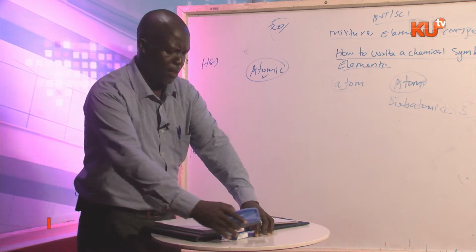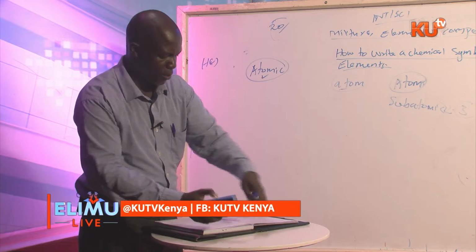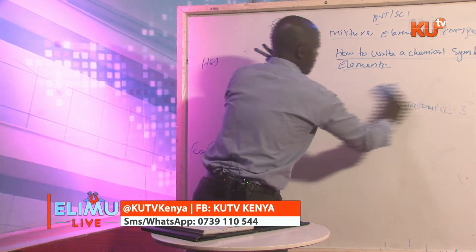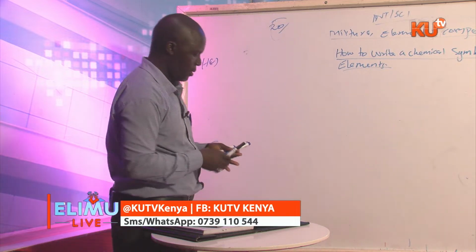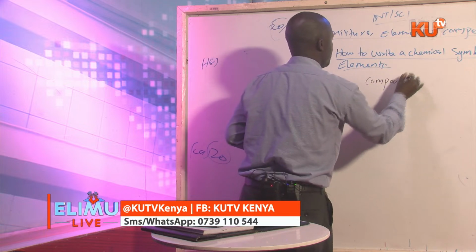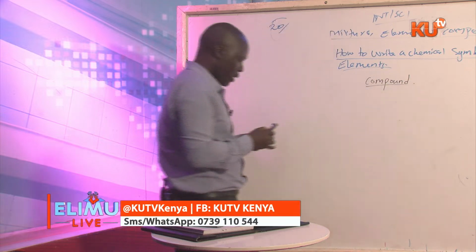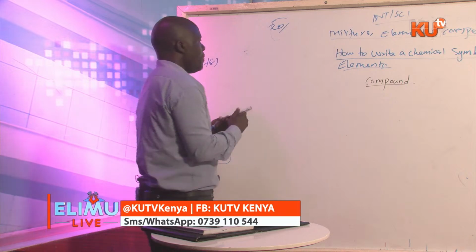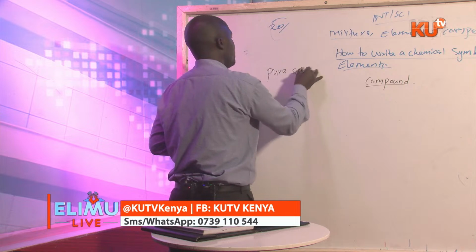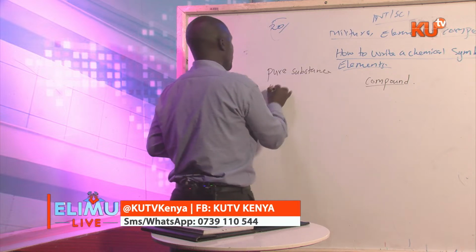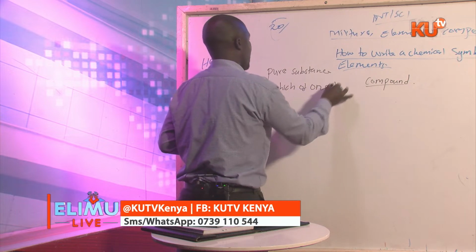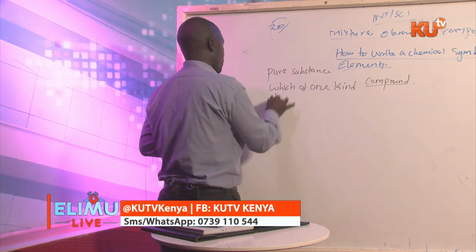Then we can go ahead and look at what we call compound. So what is a compound? And remember, by elements, we have said elements are pure substances which are made up of one kind of atom.